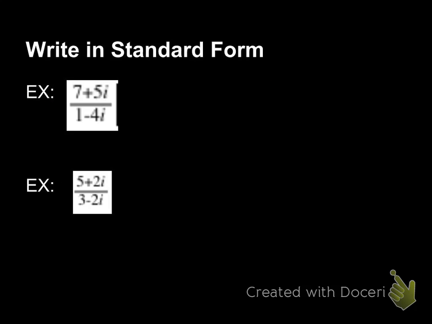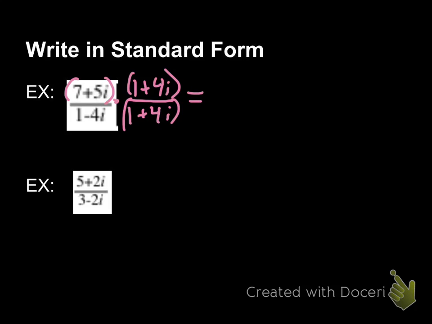So on the bottom I'm going to multiply by 1 plus 4i. That equals 7 plus 5i divided by 1 minus 4i. Remember we're multiplying, right? So that's what I'm going to do next. I'm actually going to do that multiplication now. I'm going to FOIL.